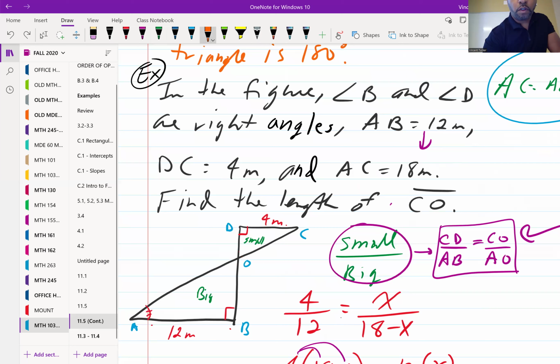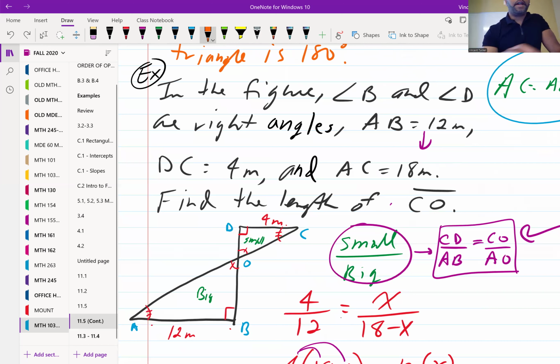So if two of them are equal, that means all three are equal, which means we have similar triangles. That leads to the statement we just finished talking about. And since we have similar triangles, corresponding sides create equal ratios.